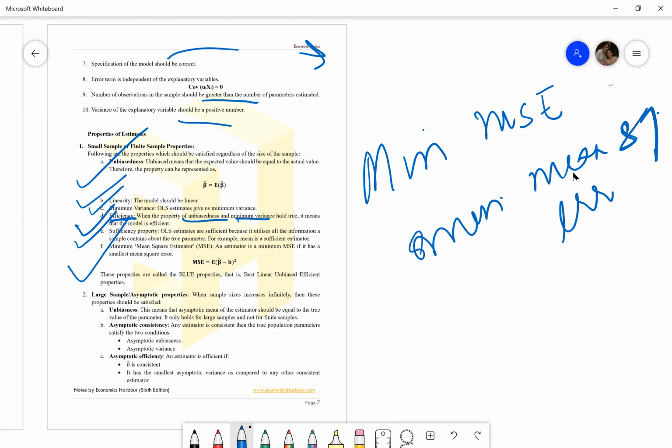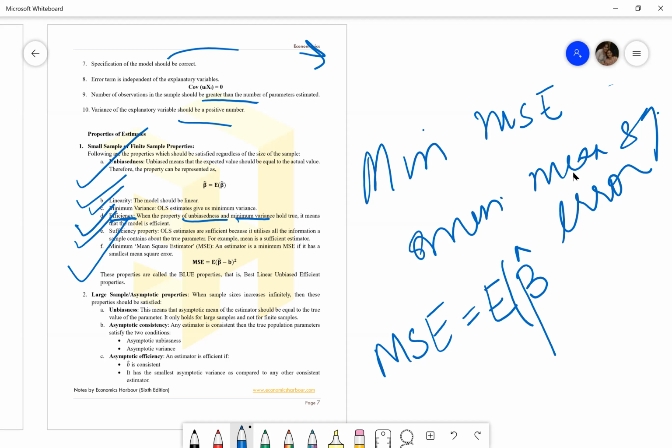So in this case, your mean square error is equal to the expected value of your beta cap minus your mean error b, small b is your mean error, squared.